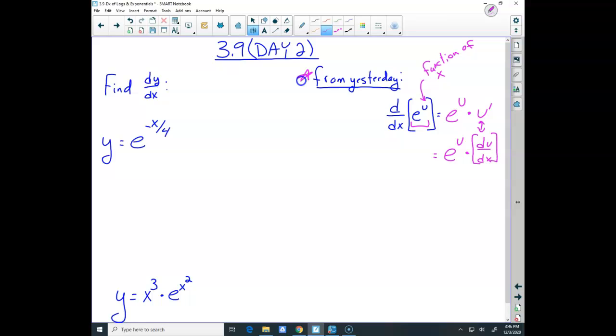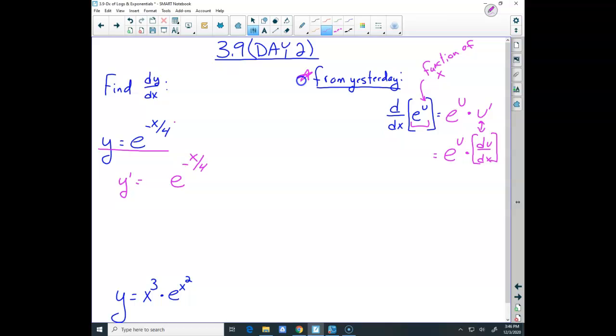So it's the exact same exponential function you're looking at times the derivative of its exponent. That is the derivative of a base e exponential function. So let's look at this one. When I'm looking at y equals e raised to the negative x over 4, well, y prime is going to equal e to the negative x divided by 4, because it's the same thing back.